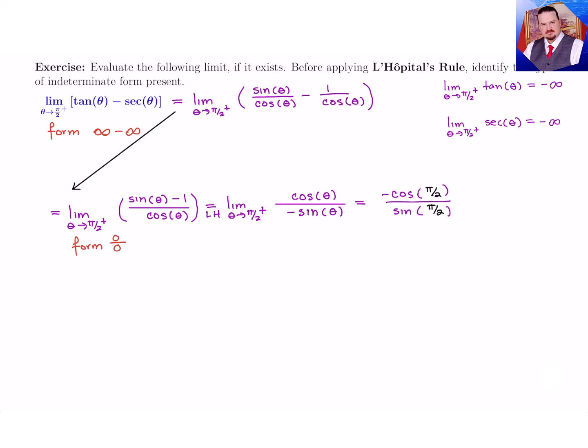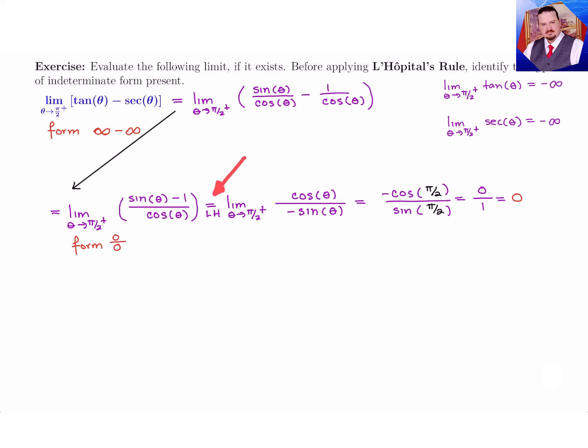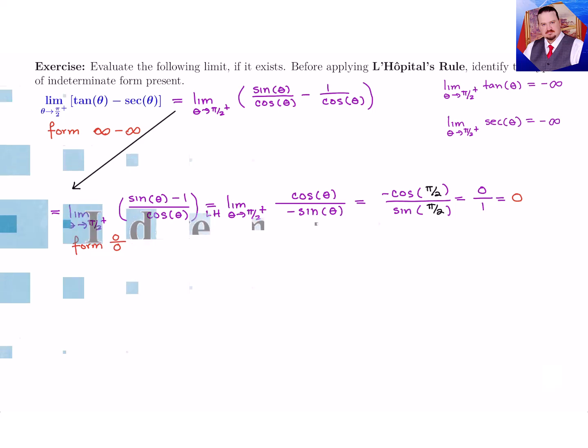And now what's the cosine of pi halves? That's 0. What's the sine of pi halves? That's 1. So this answer is 0. So for the infinity minus infinity form, we did the most natural thing, converting it into its basic trig components to get the quotient that we were looking for, and then we could of course apply L'Hopital's rule because it had one of the appropriate forms, which is 0 over 0.